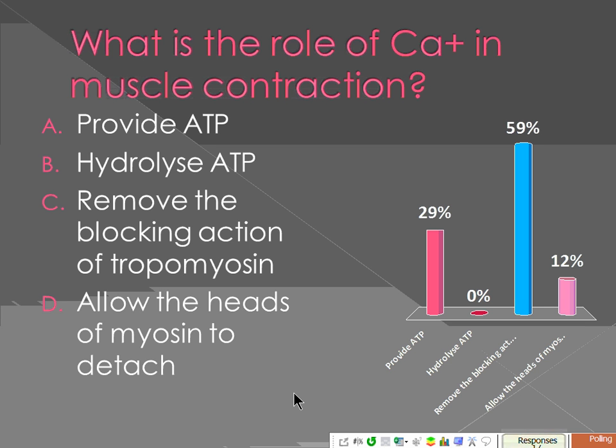Yes, it is to remove the blocking action of tropomyosin. ATP is not provided by calcium. You will see later, ATP comes from glucose or creatine phosphate or something like that which is present inside the cell. Calcium is not able to give you ATP.